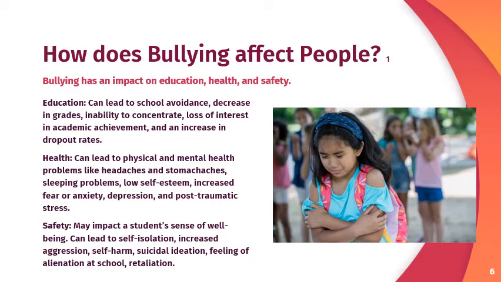For health, bullying can lead to physical or mental health problems like headaches and stomach aches, sleeping problems, low self-esteem, increased fear or anxiety, depression, and post-traumatic stress. For safety, bullying may impact a student's sense of well-being. It can lead to self-isolation, increased aggression, self-harm, suicidal ideation, and a feeling of alienation at school or retaliation.